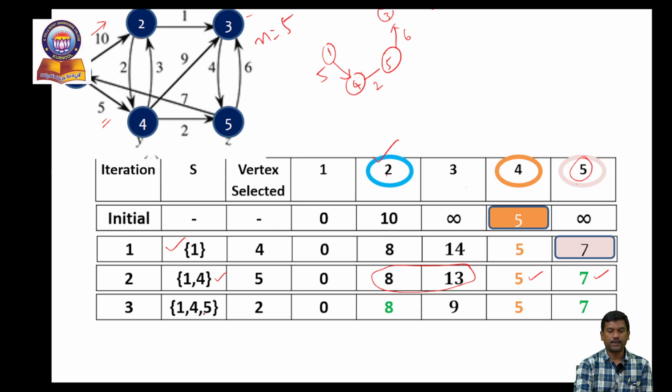So in your next iteration, that is 1, 4, 5, and the vertex that you have selected is 2, and the same process continues.